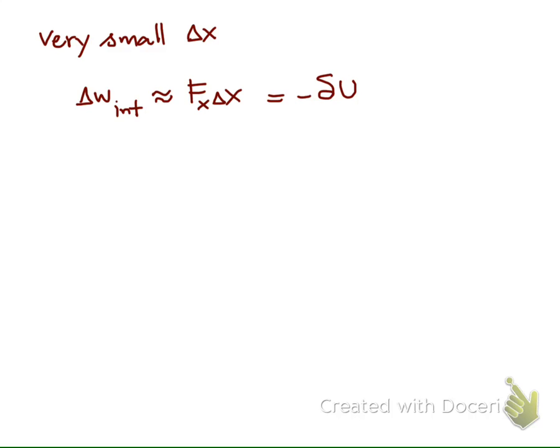I use this symbol delta U to tell you that this is also the change in the potential energy, but this is the change from a small displacement. Maybe it's more proper to use the same notation for the work too.